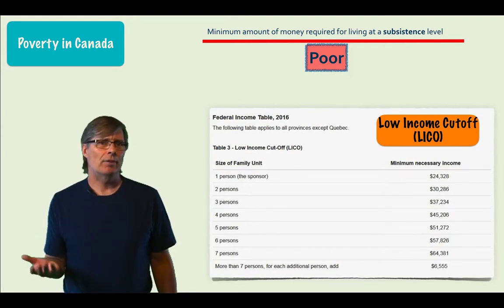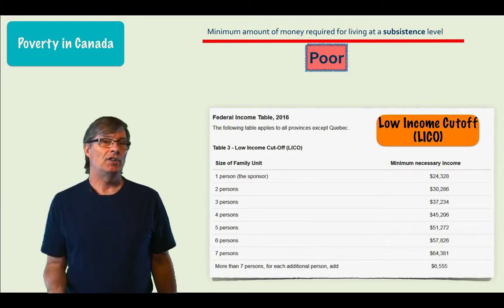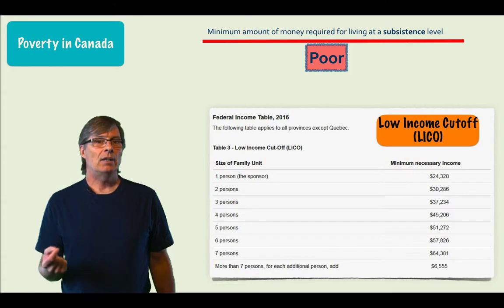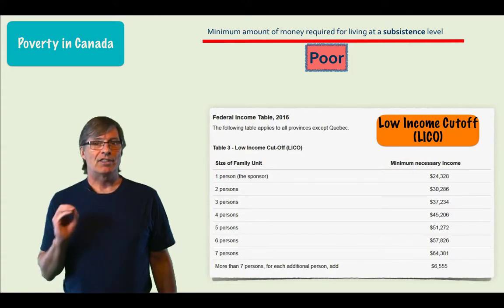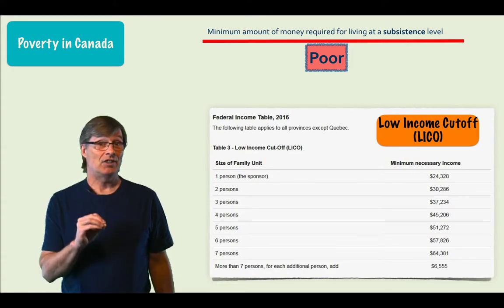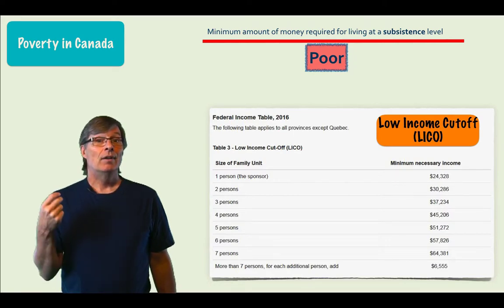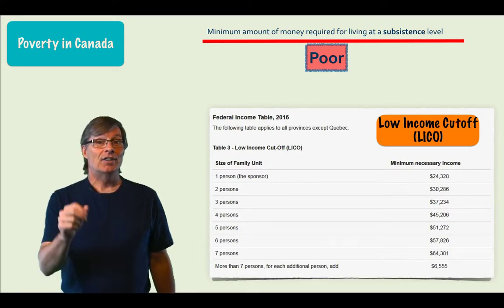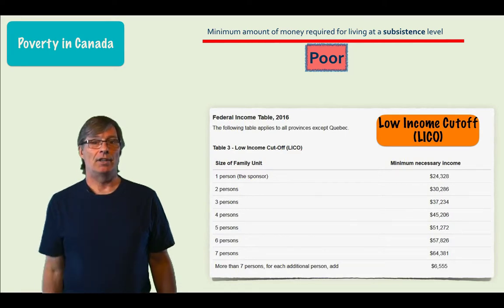Now this varies with family size and community size. According to the LICO measure, any individual or family that spends more than 70% of its income on necessities, food, shelter, and clothing, is considered to be living in poverty.